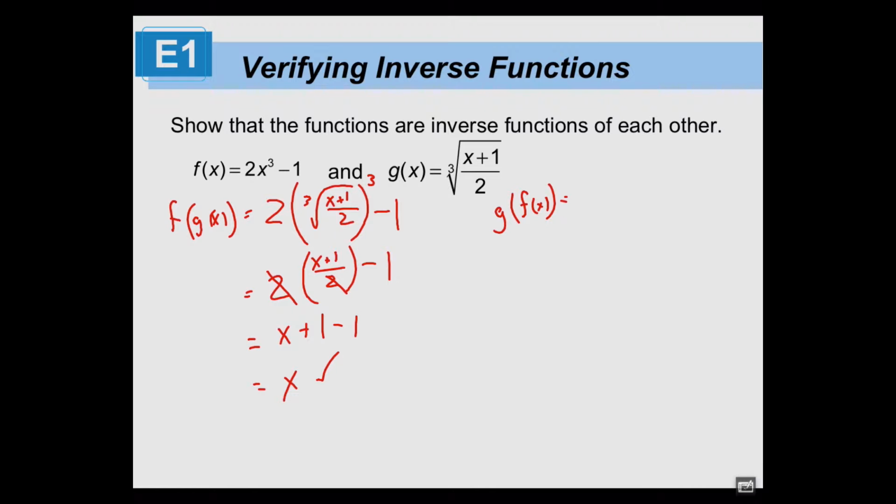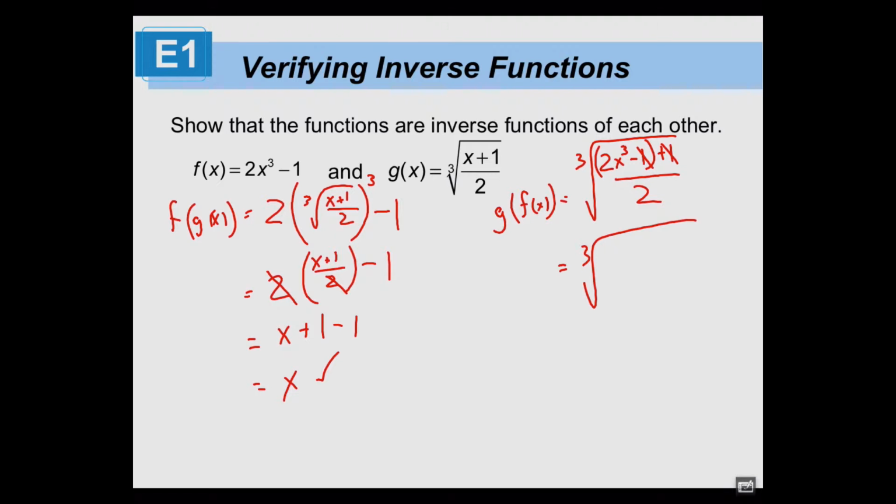Halfway done. Odds are they're probably inverses, but we got to check the other way. Now I need to take f of x and put it into the function. So I'm taking the cubic root of 2x cubed minus 1, that's x, plus 1 over 2, which is the cubic root.